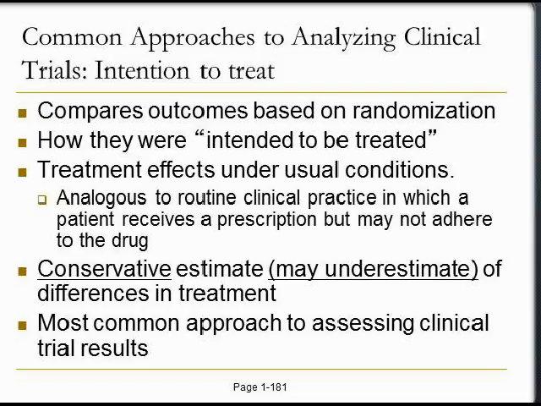Intention to treat analysis is the most commonly used, and likely, if you talk to statisticians, the most statistically conservative approach for analyzing randomized controlled trials. And basically, they are analyzed as the subjects were intended to be treated based on the protocol, based on the randomization.